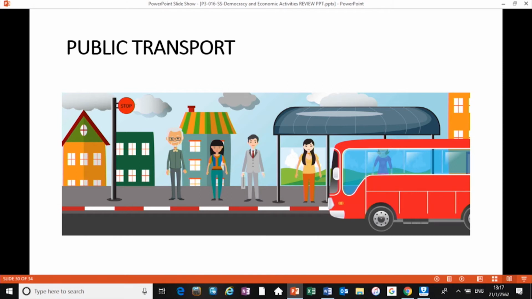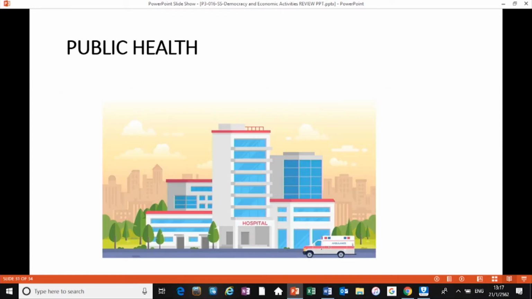Who can give me an example of public transport? Bus, yes. Or train. Public health. Does anybody know what this building is? Hospital. And this vehicle here that takes you to hospital? Ambulance.